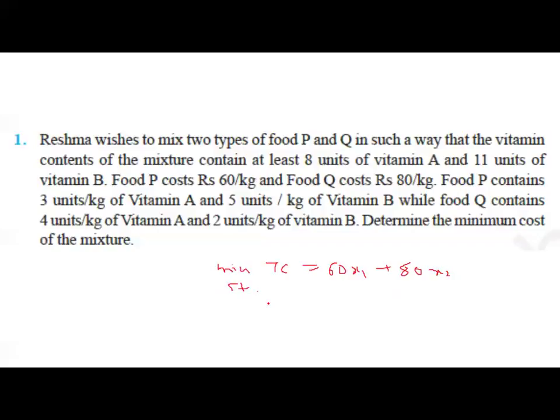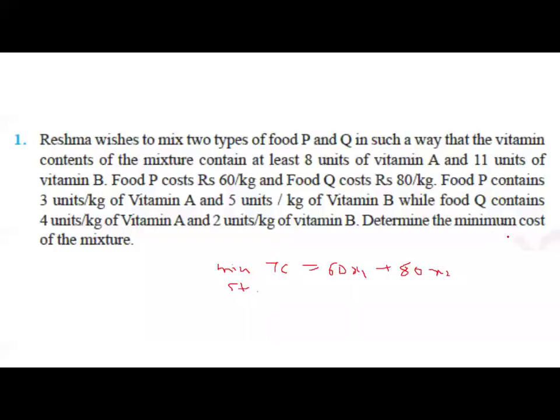What are the constraints? Okay, so we want at least 8 units of vitamin A, and vitamin B should be 11.